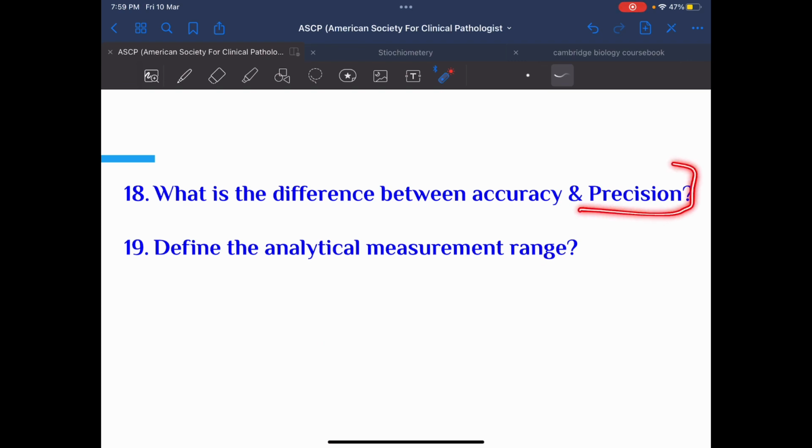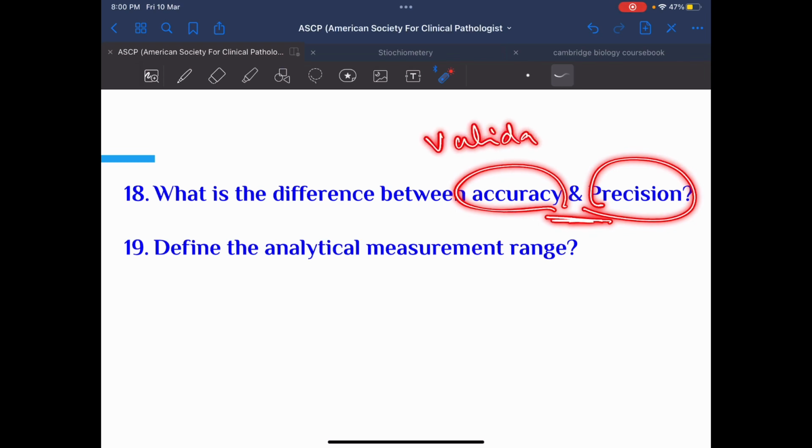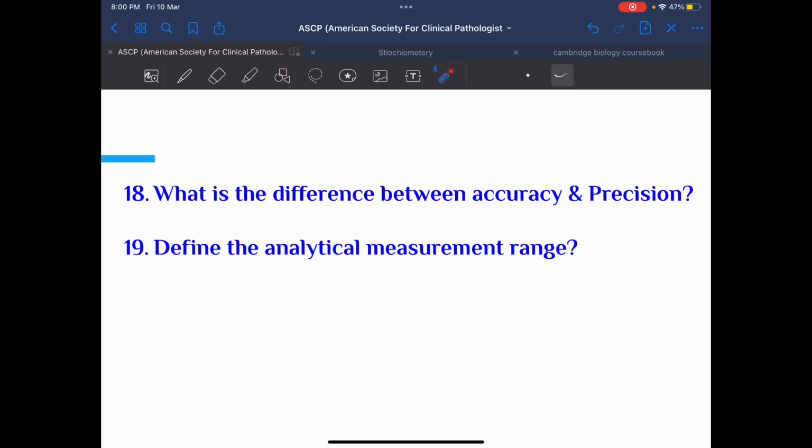This means if you repeat a test 2 times on the same machine, how close they are to each other. This is the precision. So they are completely different, and they are used in the validation of new machines or methods. It is a part of validation.